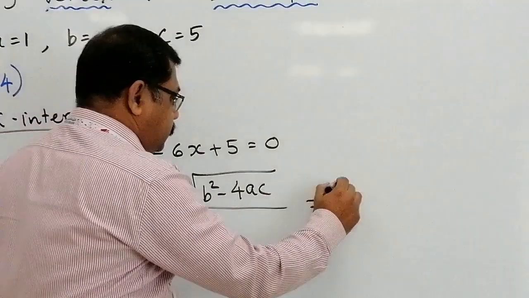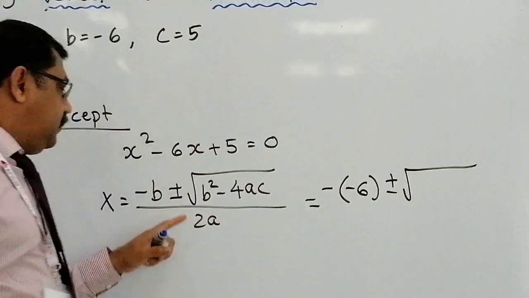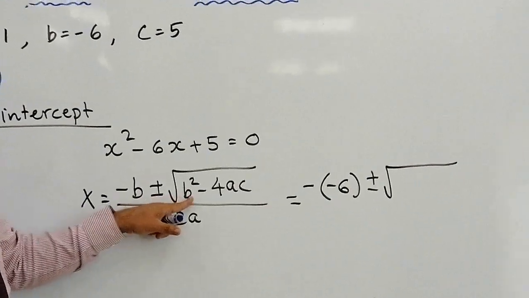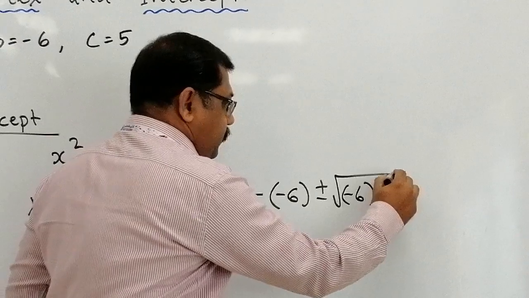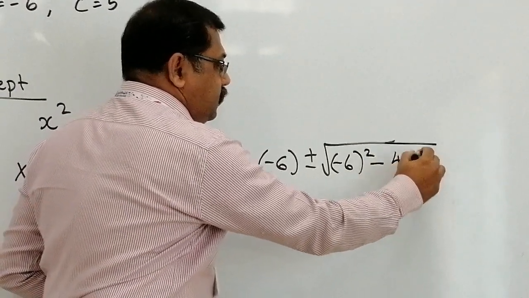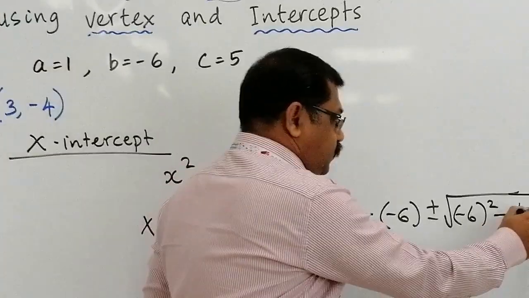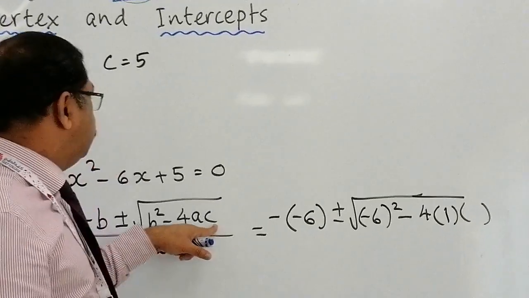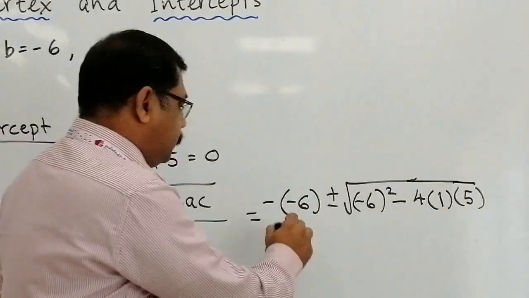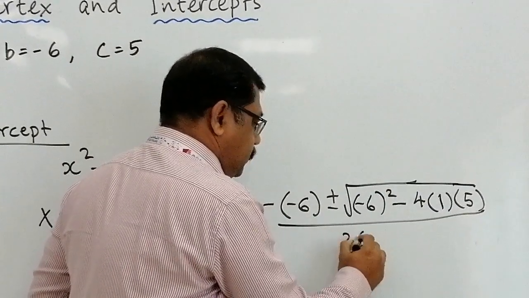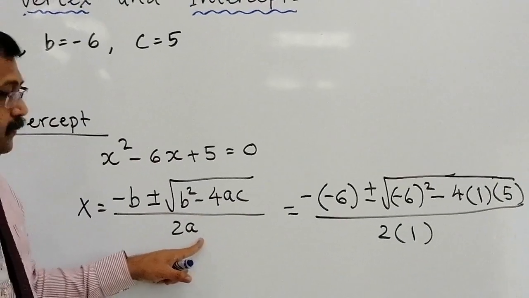Minus b means minus of minus 6, plus or minus root of b squared, minus 6 squared, minus 4 multiplied by a is 1 and c is 5, the whole divided by 2 multiplied by a.